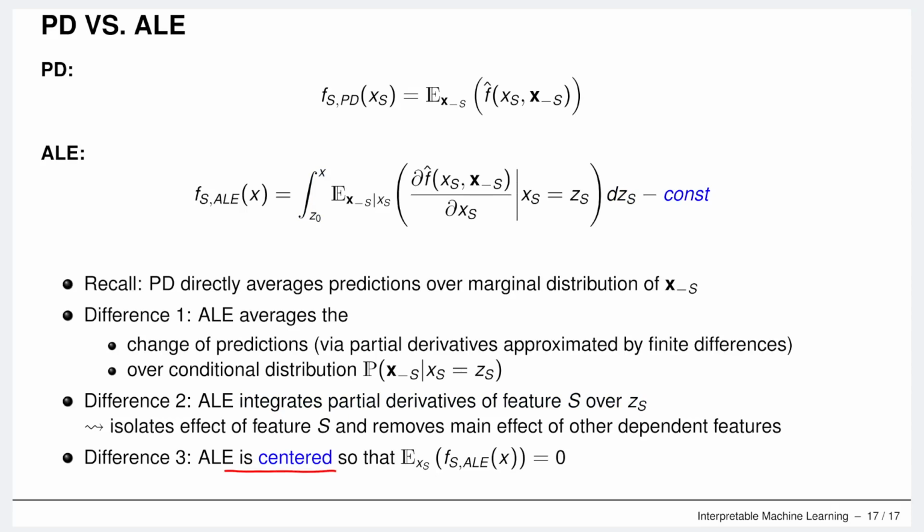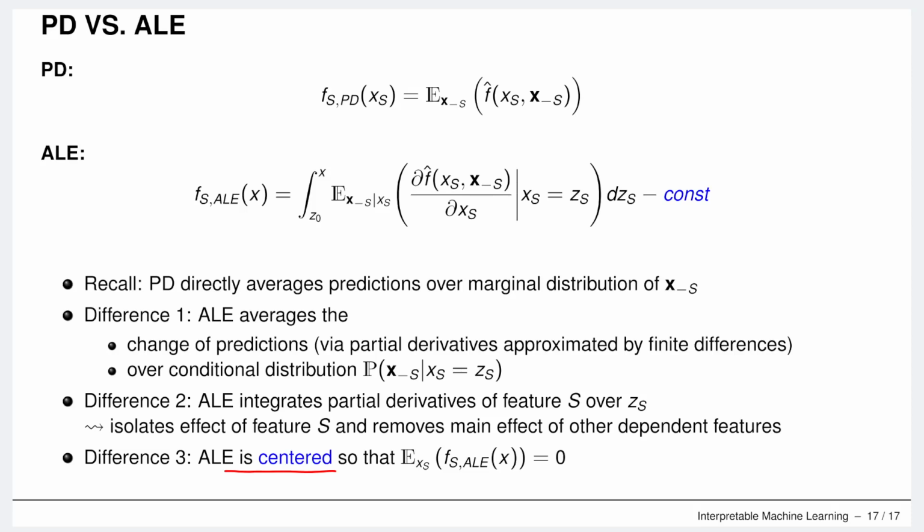It has zero mean. Basically, it is vertically centered so that the curve is moving around the zero line. To make ALE plots and partial dependence plots visually comparable, we can do a similar procedure for partial dependence plots and center them as well.